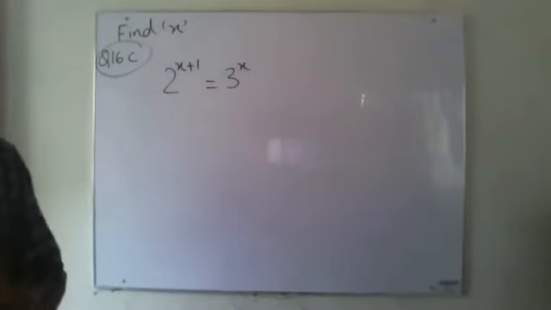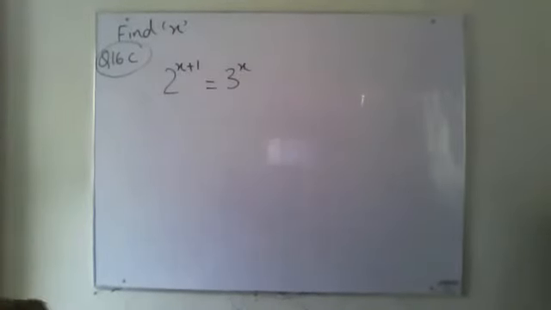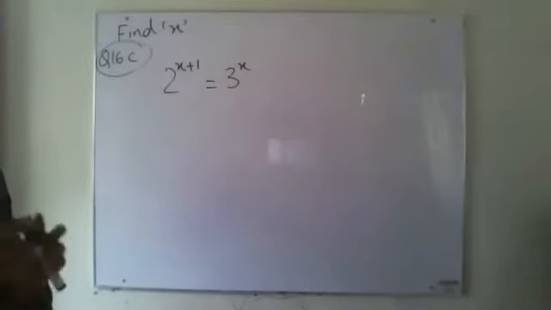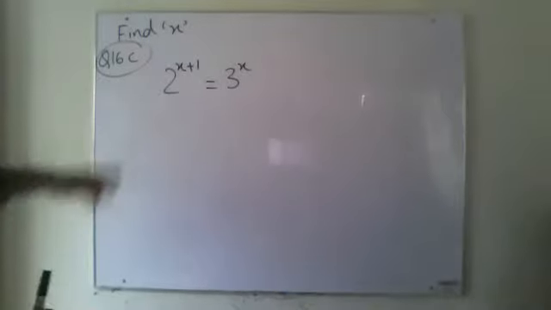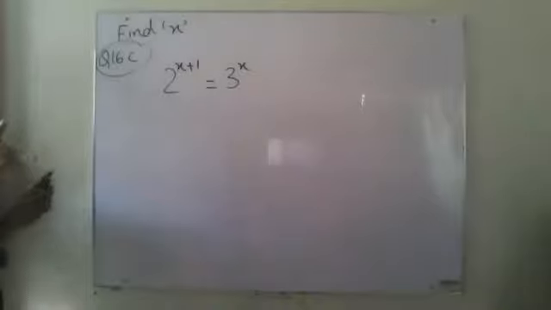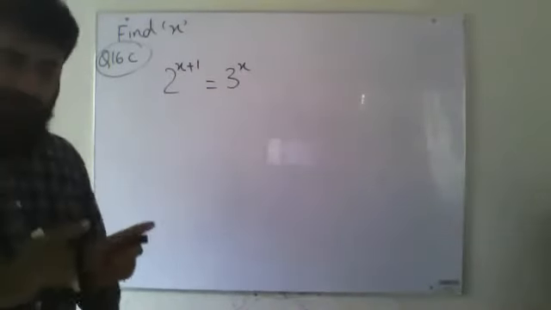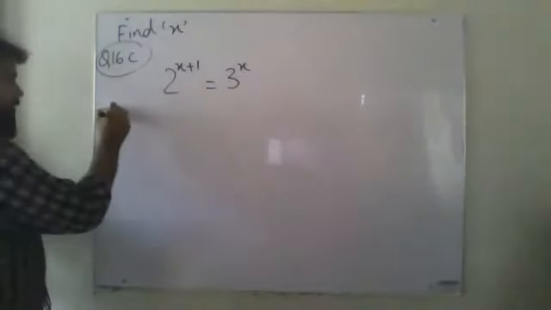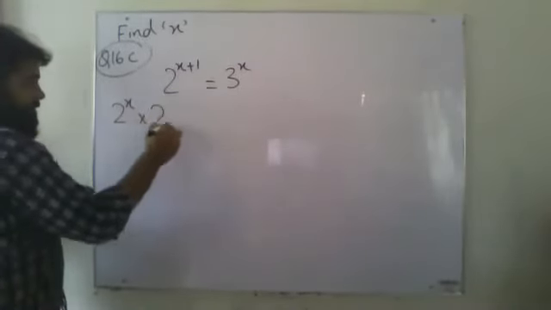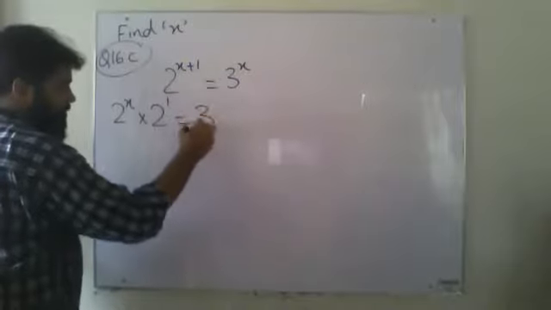If you want, you can apply log directly also. I will do it with both methods so you can understand how we are going to solve it. First of all, I am going for simplification. So 2 to the power x plus 1 can be written like this.